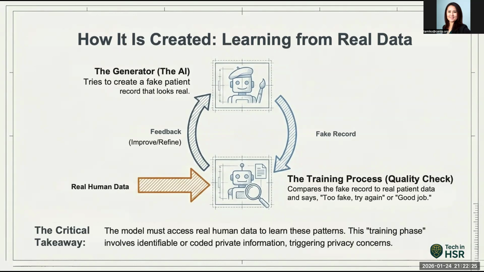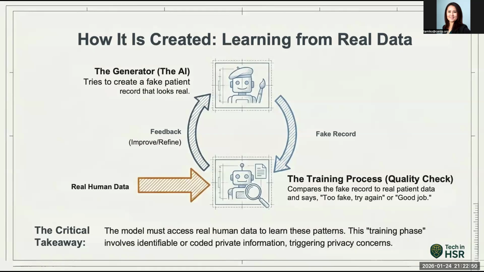So in practice, this means real identifiable human data is accessed, used, or obtained for purposes that oftentimes include research, product development, or commercial use. Models are trained on those real identifiable human data sets, and only afterward do they generate the new synthetic records.